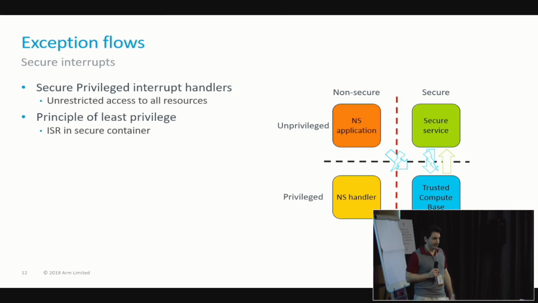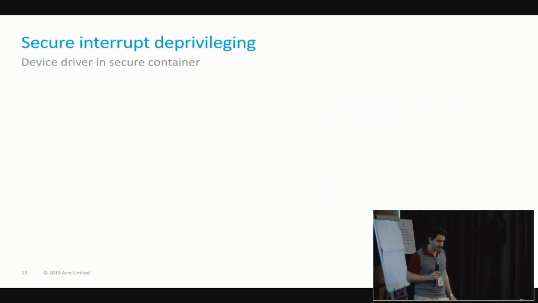If we observe the principle of least privilege, it is beneficial to have the interrupt service routines executed in a secure container with unprivileged access to resources, so the interrupt service routine has access only to the resources it definitely needs. The question is, how can we do that?